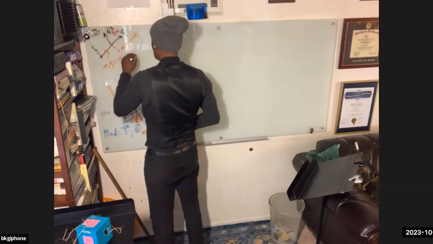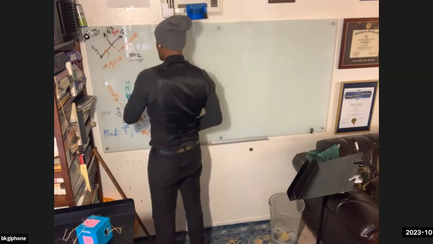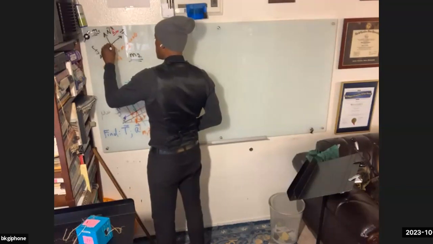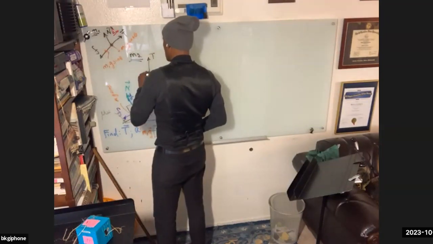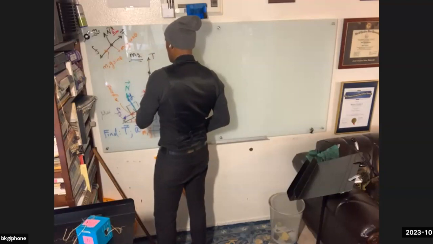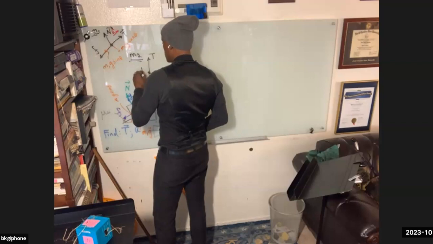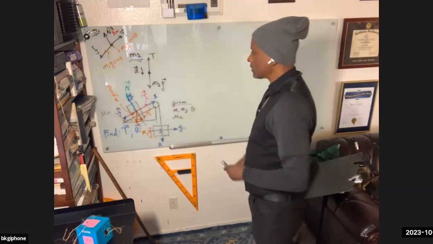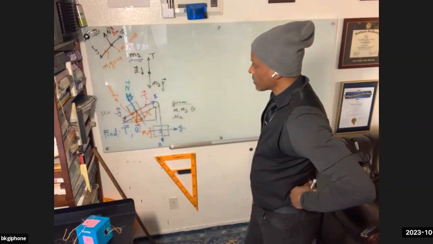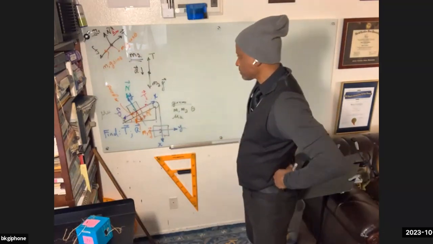Of course, m2 is just this guy, a point mass, and that doesn't change: T up and m2g down, and the acceleration is there. So that's it. Those are the diagrams. And now we can focus on these guys.